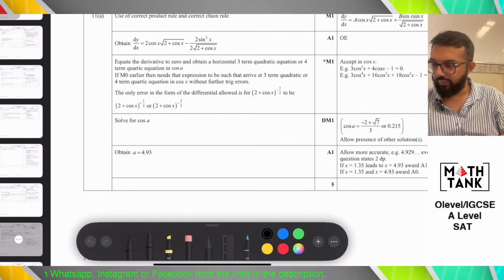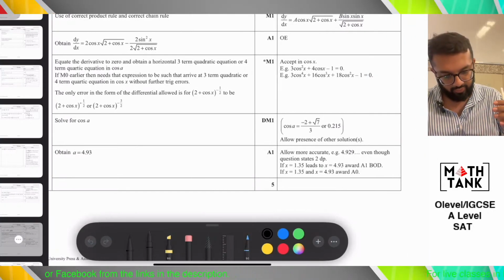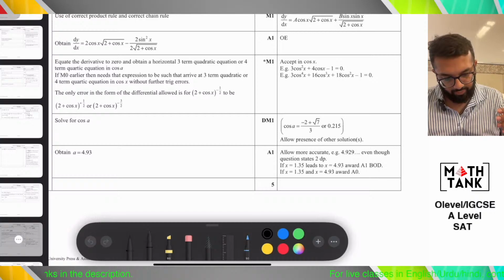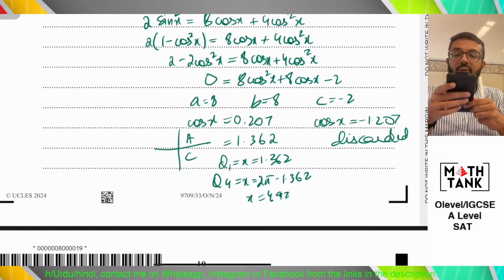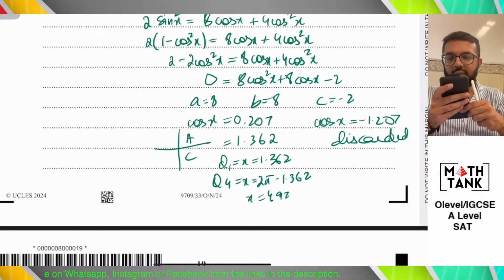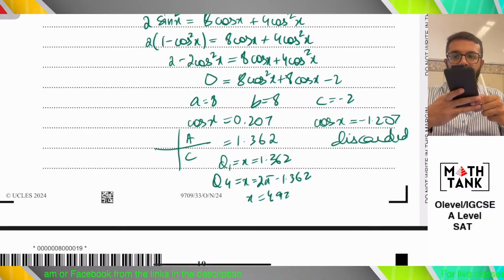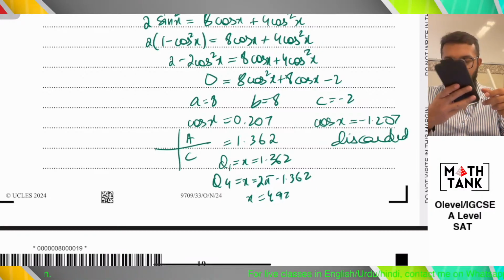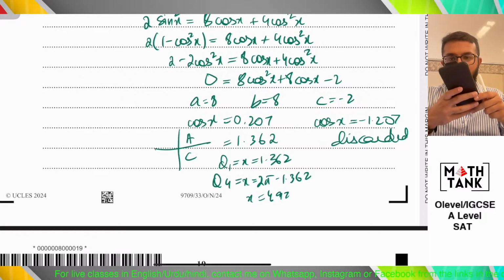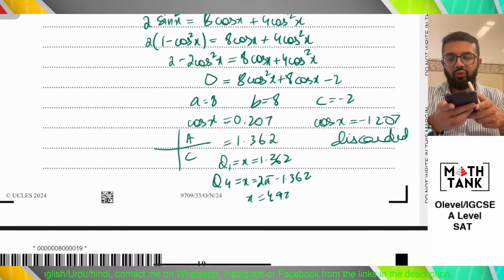Took me a while to get there. 4.921. There's a rounding off error, because the question states to decimal place. X is 1.35 leading to... in the recent past papers this tendency to take so many decimal numbers. I'm just checking at what point they've taken a different number.